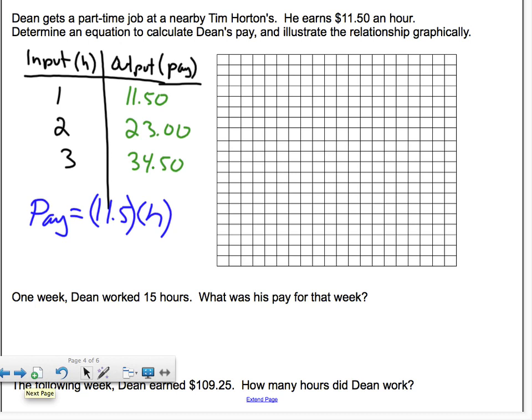Okay, so how can we represent this graphically? If I was drawing axes, we put things on a grid. Here my independent variable is hours, and here my dependent variable is pay.